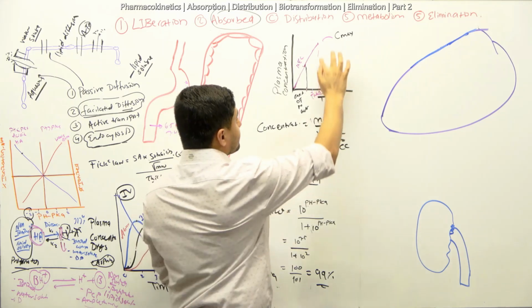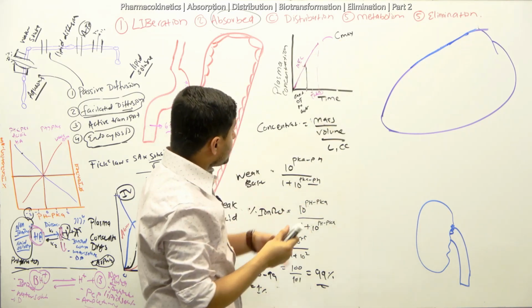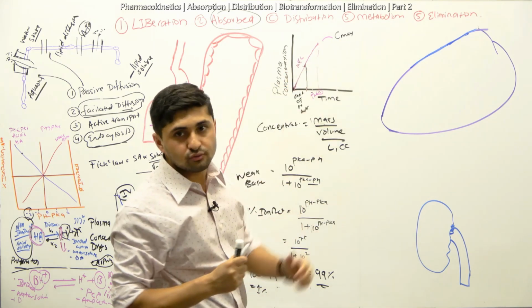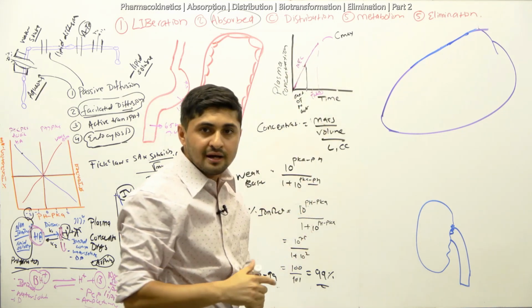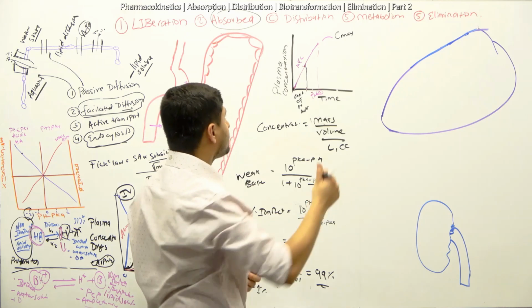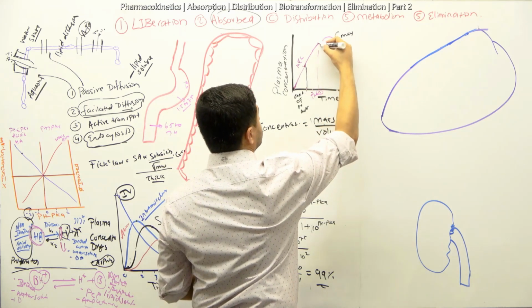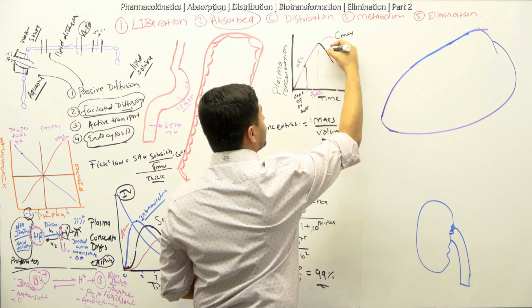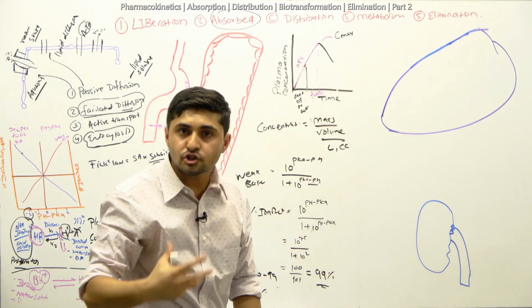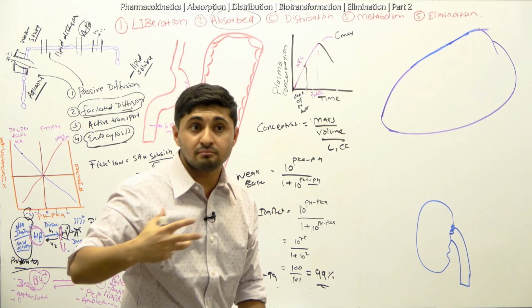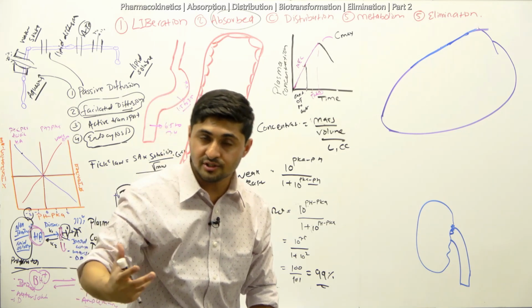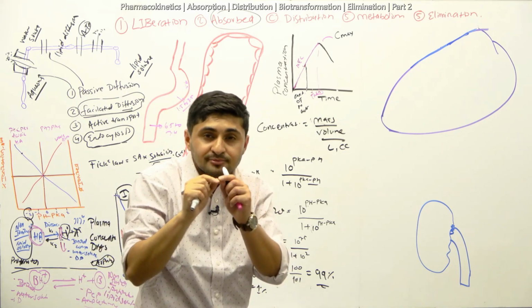Now, this is Tmax, right? And this whole graph is showing the absorption, because you're getting absorption, right? And this is the minimum effective concentration. After it gets distributed, what is going to happen? It's going to come down, falling like this. All right? It's going to start falling because the drug is getting metabolized, going through a process called biotransformation, and then the drug becomes inactive.